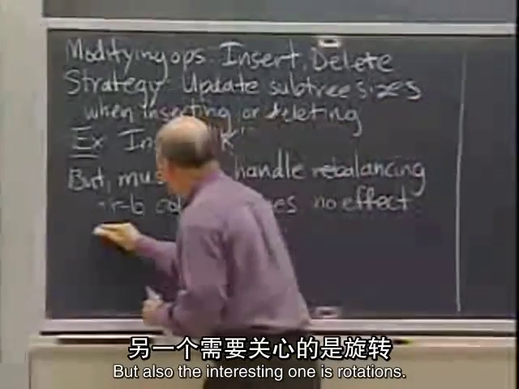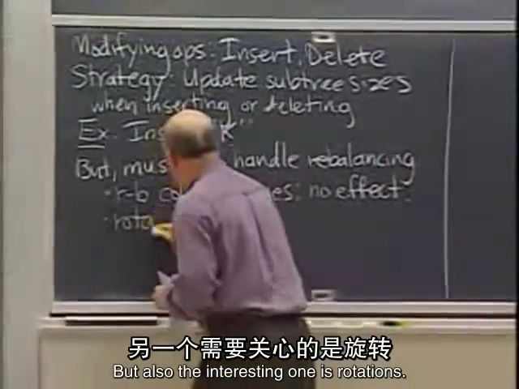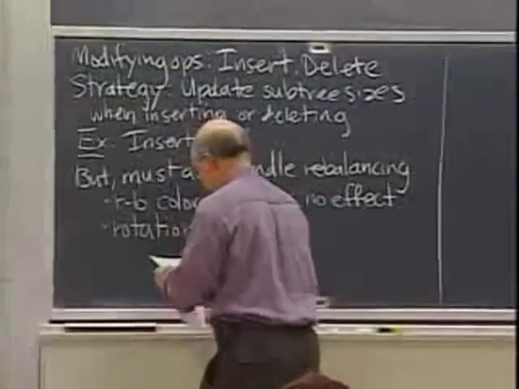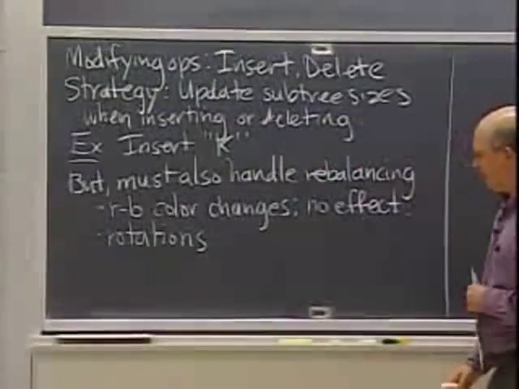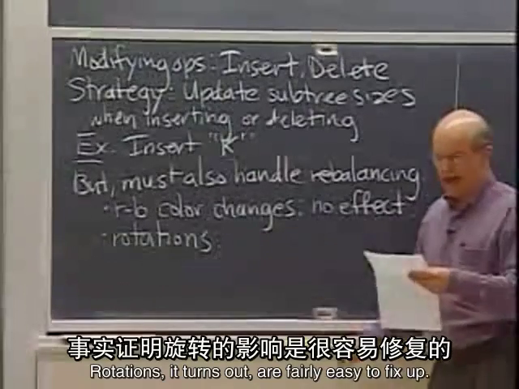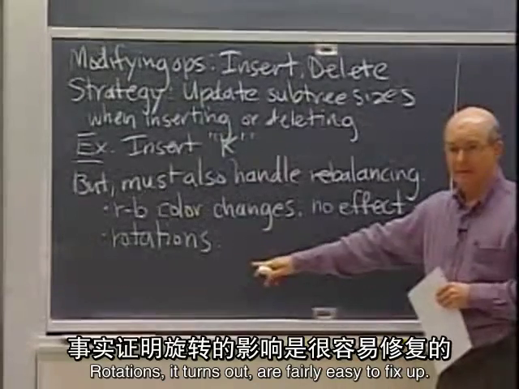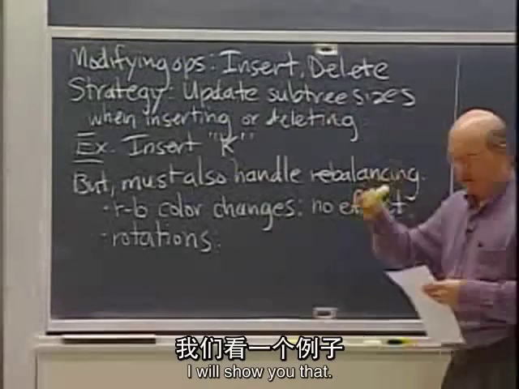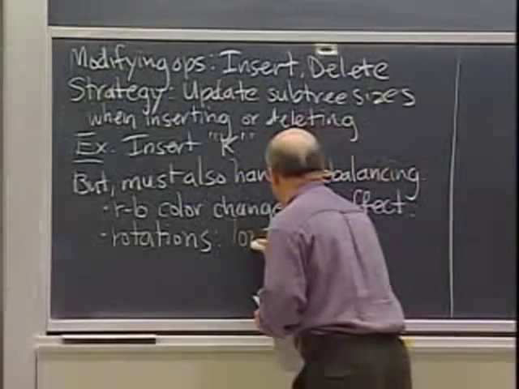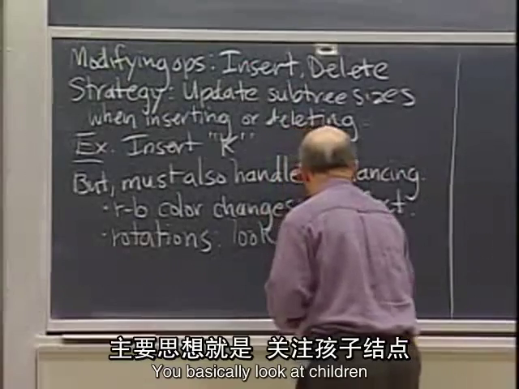But also, the interesting one is rotations. Rotations, it turns out, are fairly easy to fix up, because when I do a rotation, I can update the nodes based on the children. Basically, look at children.